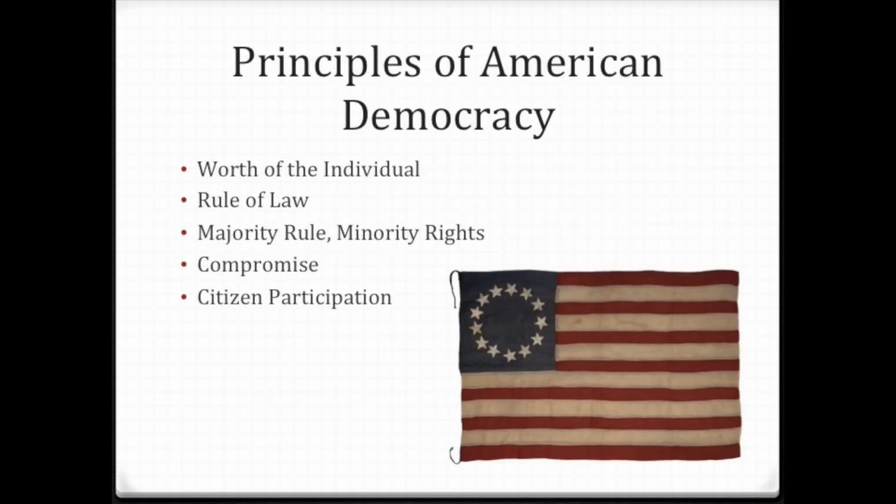So to wrap things up, we're going to focus on the third bullet here. It's majority rule and minority rights. So majority rule is when more than half of the people decide on something, and the minority is supposed to respect the majority, and in turn, the majority is supposed to respect the minority and work together to make sure that the minority has at least some things that make them happy.